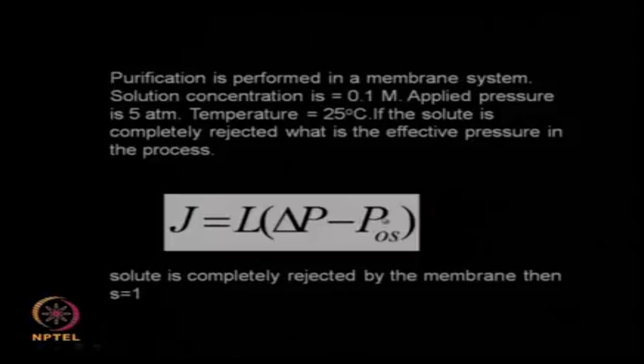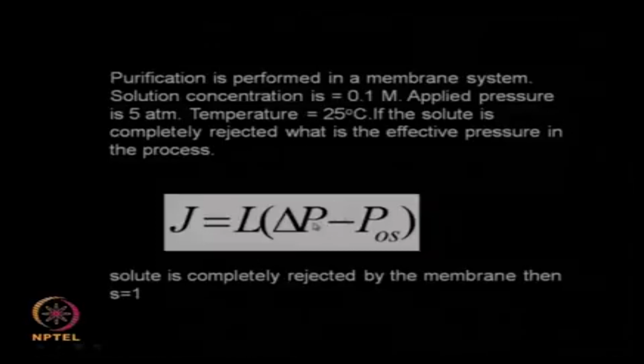So pi will decrease your driving force here, because solute is completely rejected. Now how do you calculate pi? Before going to that particular relationship, we will try to understand what osmotic pressure is and why it arises.